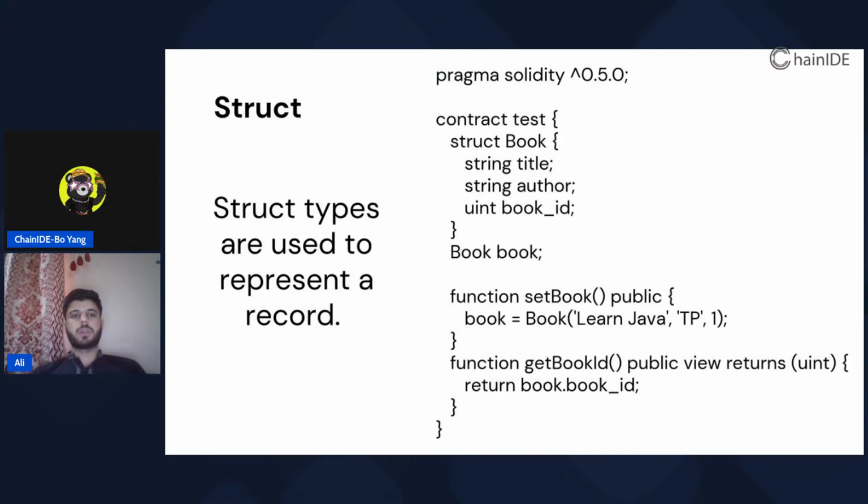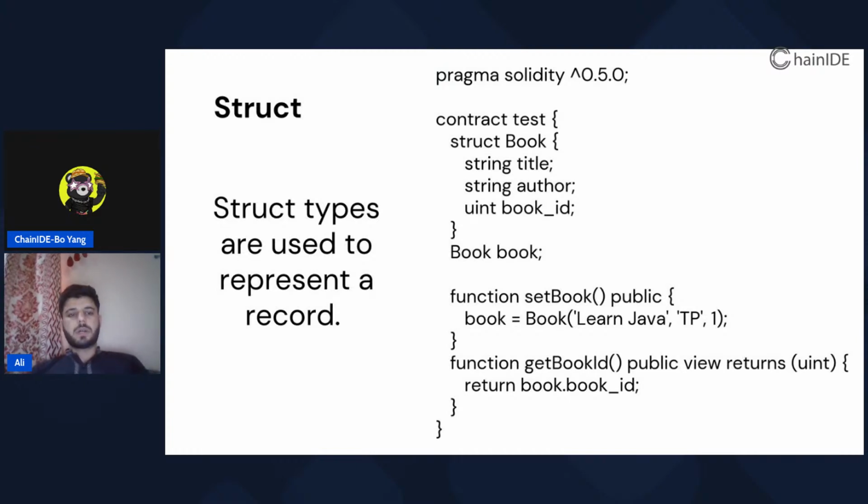So we can use a structure to record the data of a book or something else, like a car, with features of a car: car owner name, car ID, car registration number. So we can use structures in these scenarios.